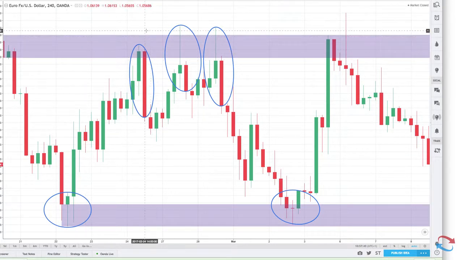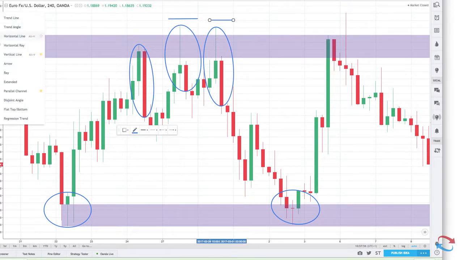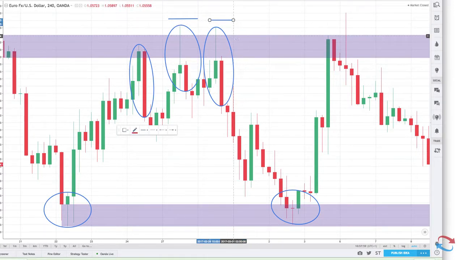And then what traders will do is put their stop loss somewhere above the price action here. So if you're getting into the short side, you put your stop loss above the engulfing pattern.